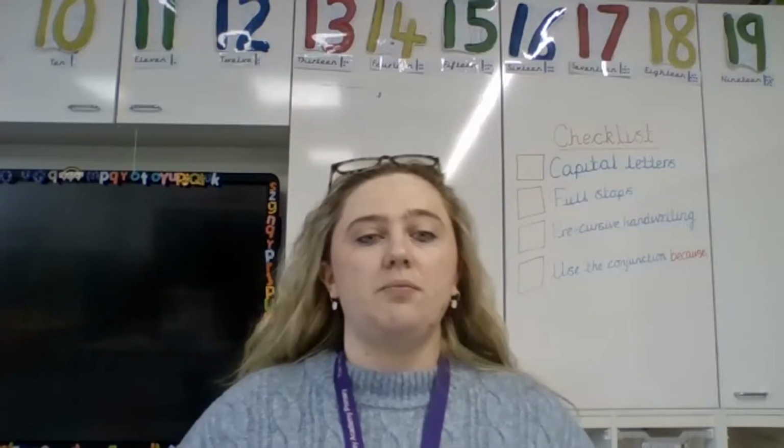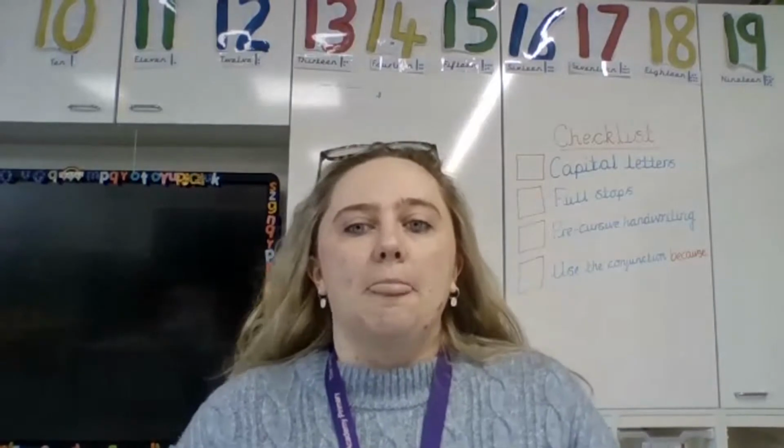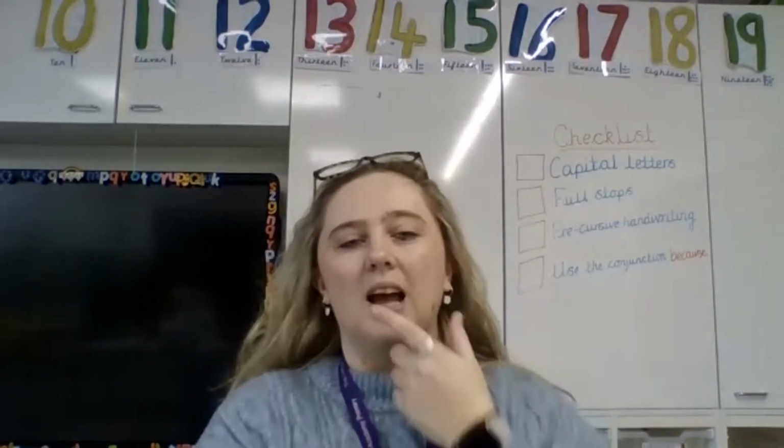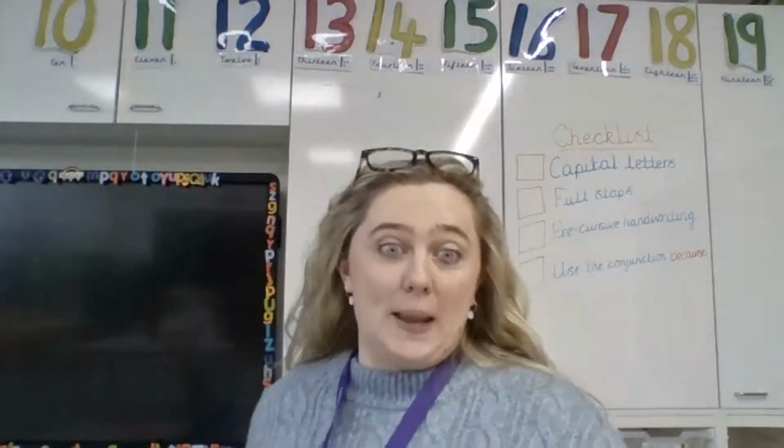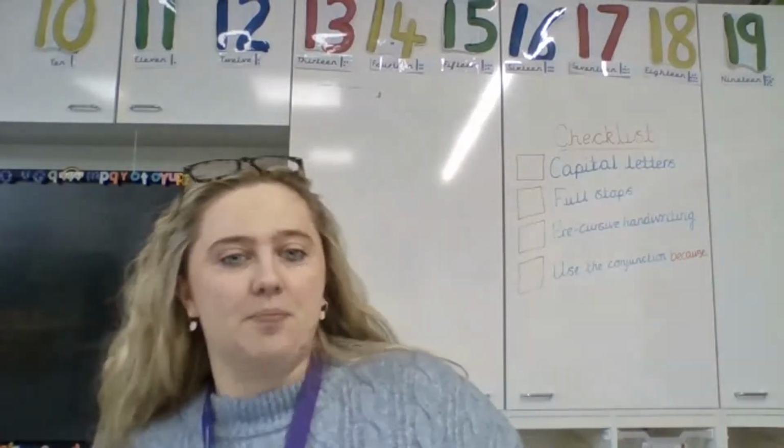Now, what we're going to be doing is writing a sentence telling me which one is your favourite and why it was your favourite. So let me give you an example. So I think my favourite was Jim and the Beanstalk.